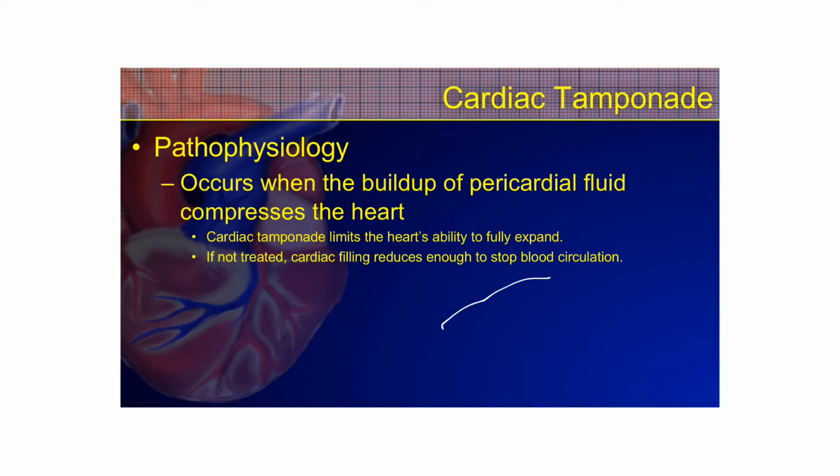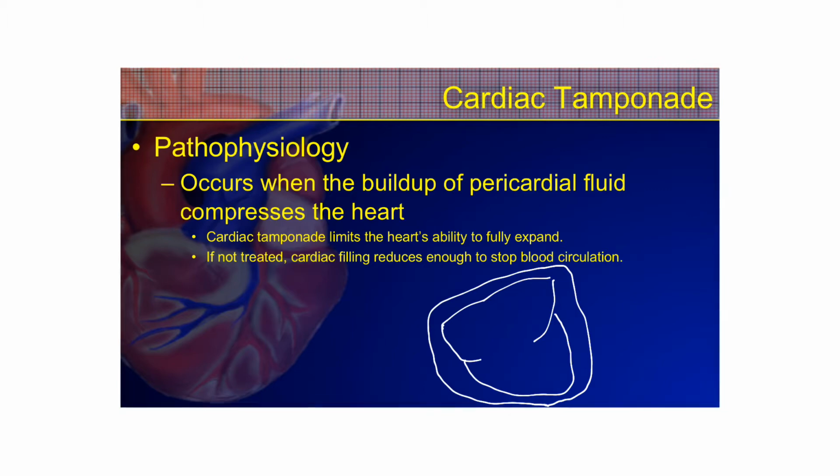Just real quickly, if this is your heart, excuse my drawing, you have the sac around the heart, and there's normally a small amount of pericardial fluid in there to reduce the amount of friction that occurs because there's movement. Whenever there's movement in the body, there's going to be friction.